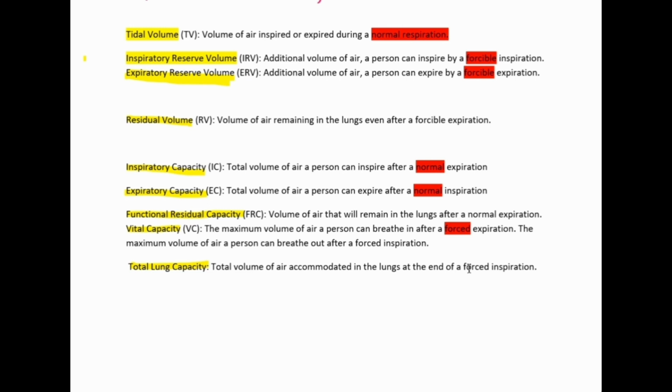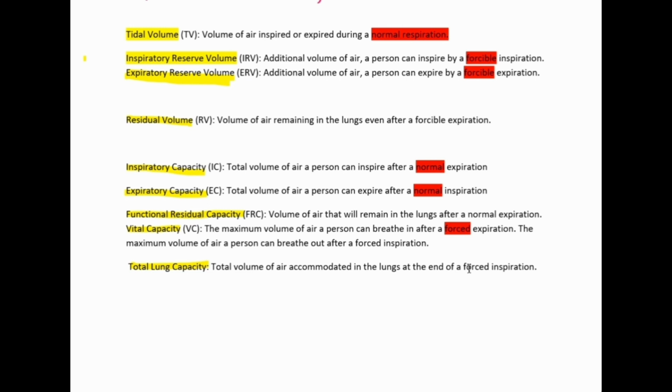So expire normally and then inspire. This capacity is the volume that we inspire after normal expiration. Similarly, expiratory capacity is the total volume that we can expire after normal inspiration.